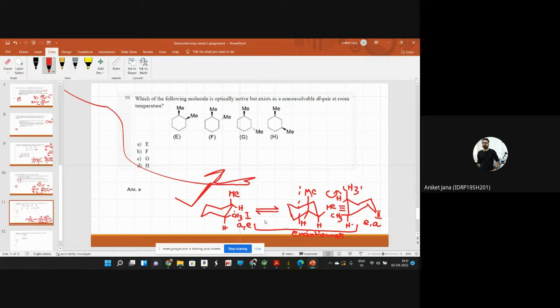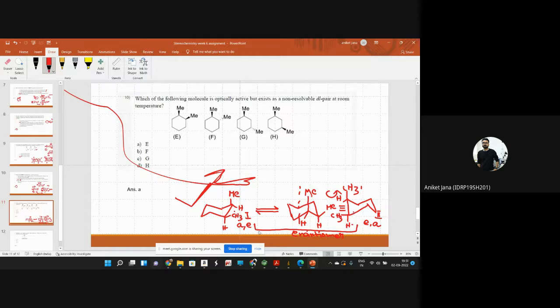But at normal temperature, one is convertible to the other. As I have said, we flip the ring and give a rotation, and the first structure becomes the second structure.